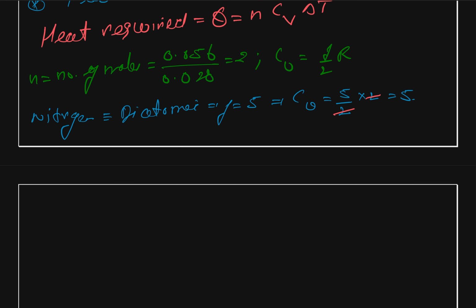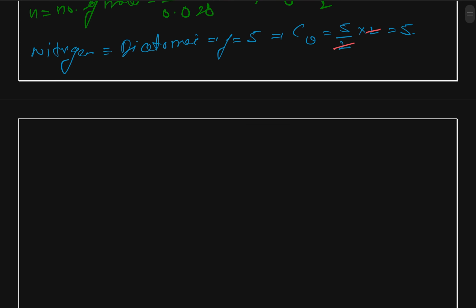And delta T we can also find out. Delta T will be equal to our final temperature, which is 1600, minus initial temperature, which is 400, giving us 1200 Kelvin.